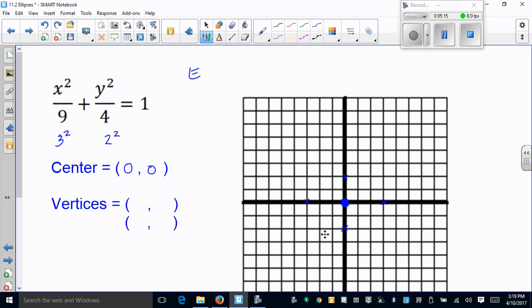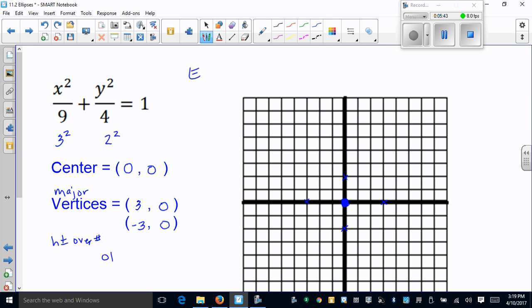My Y values are not changing, they're still 0. My X value is what changed, and remember, it is your H plus or minus your over number. So 0 plus 3 is 3, and 0 minus 3 is negative 3. And you can see that those are the points that we plotted.